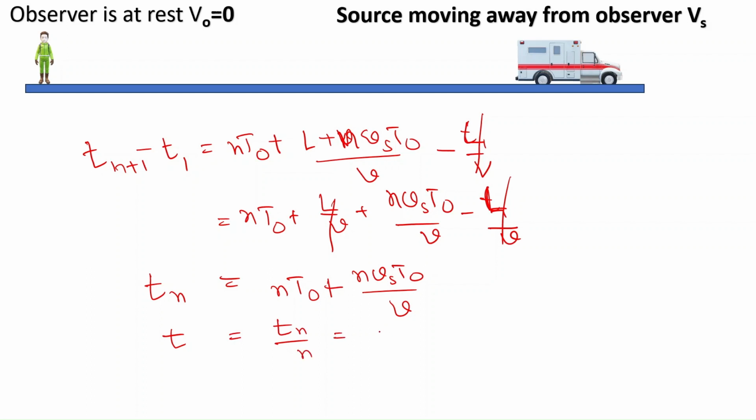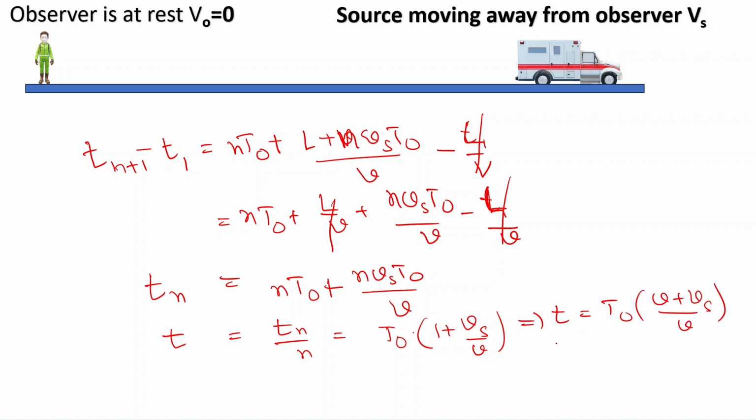The n gets cancelled, taking t0 common, we get 1 plus Vs by V. Therefore t is equal to t0 into V plus Vs by V.